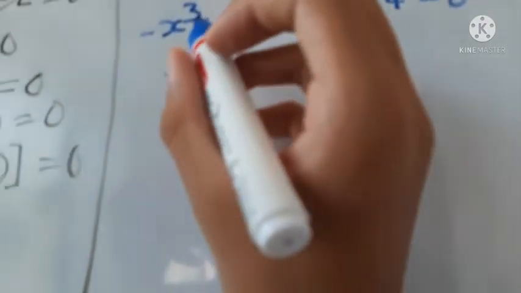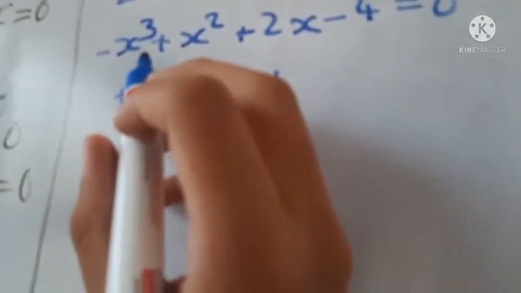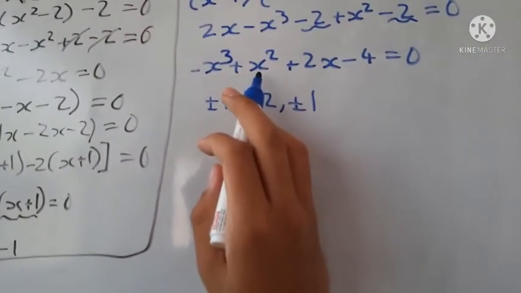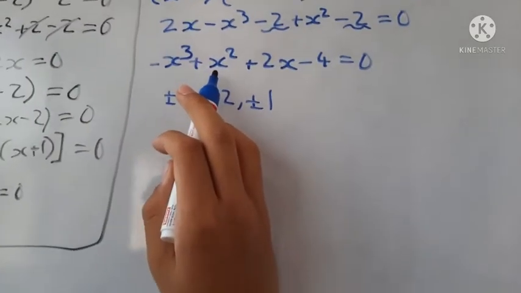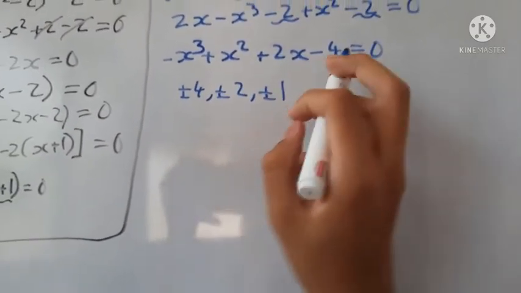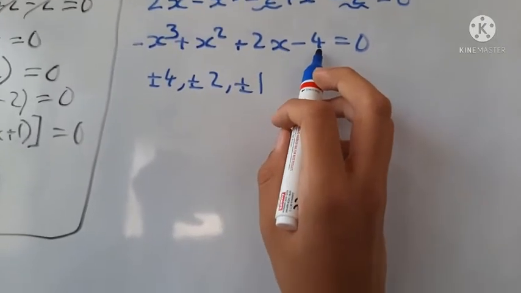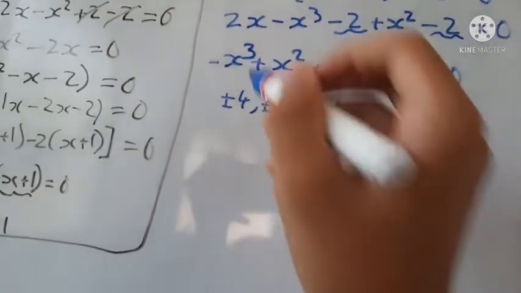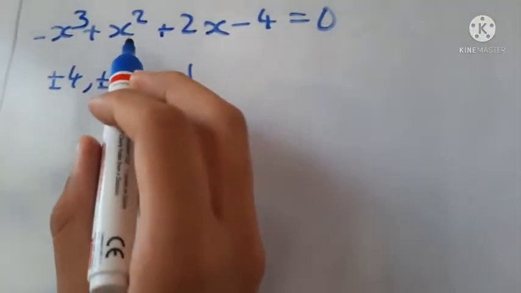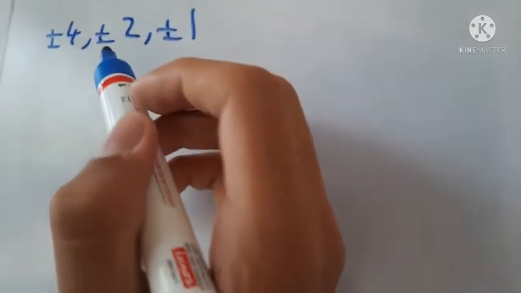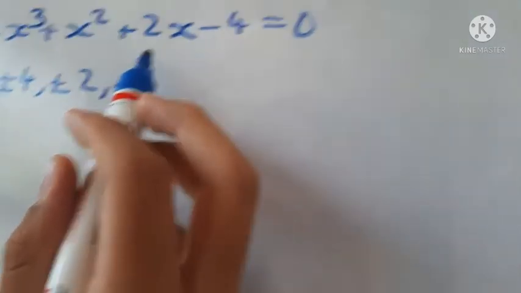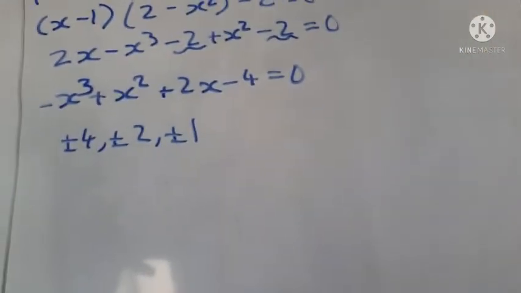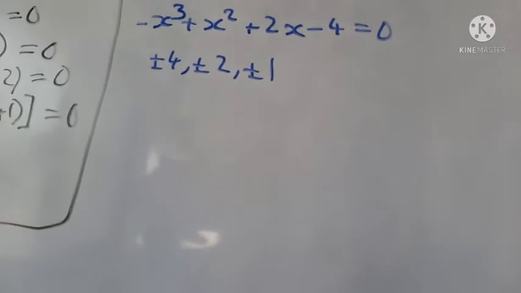I forgot to put the minus sign there. Noob. Minus 64 plus 16 is minus 48, plus 4 minus 4. That's not 0. Now for minus 4, we take 64 plus 16, that's 80, minus 8 minus 4. But that's still not 0.